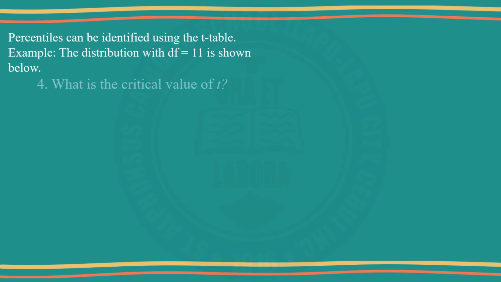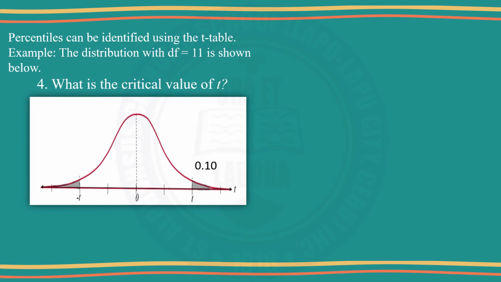For the problem number 4, what is the critical value of T? Based on the illustration, we have T sub 0.10 because this is the area in one tail shaded to the right, and the degrees of freedom, which is equal to 11. So next is to identify their intersection using the T table.